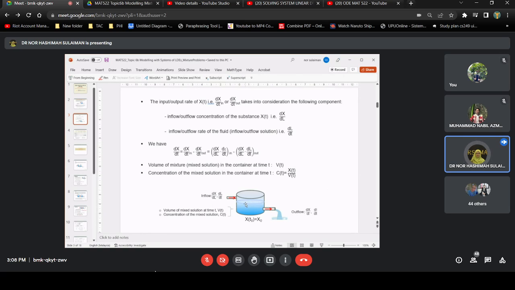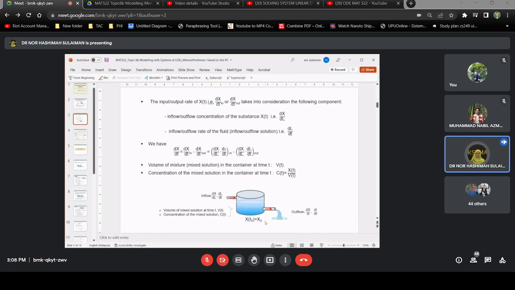Okay, and then at the same time the volume ni dia bergantung kepada the amount of volume of the liquid in the tank akan bergantung pada rate in and rate out. Kalau dia masuk pada kadar yang sama, there's no changes in terms of the volume in the tank, right? Hopefully you still remember that. That is case number 1.